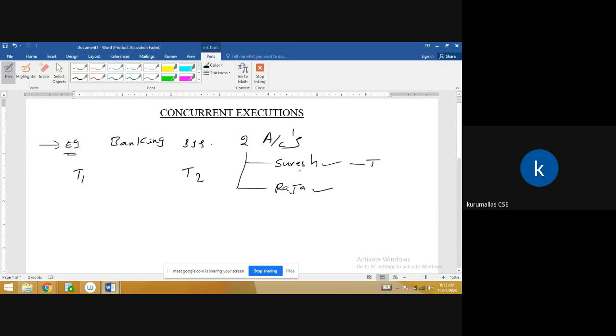So in the first transaction T1, we debit 200 rupees from the Suresh account and credit it in Raja's account.